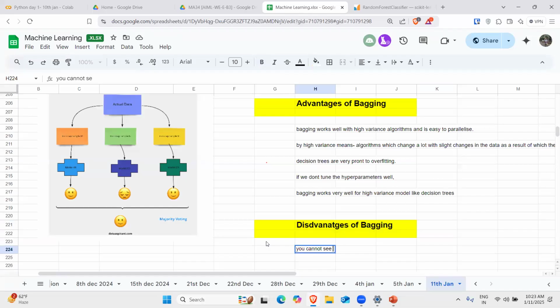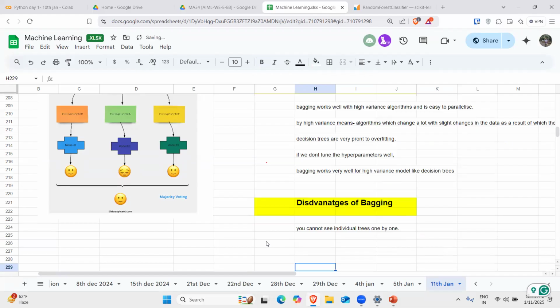You cannot see individual trees one by one and figure out what is going on behind the ensemble. It's a combination of n number of trees working together. This leads to the loss of interpretability, which was an advantage of your decision tree, right?